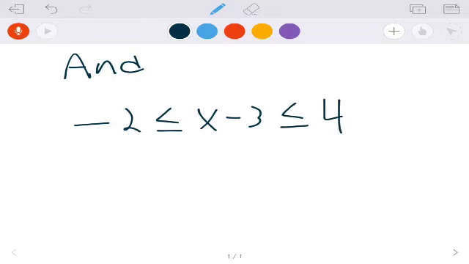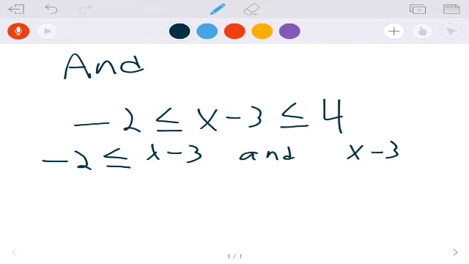So this is setting up multiple things that are true. It is saying both -2 is less than or equal to x minus 3 and x minus 3 is less than or equal to 4. So this is saying two different things that are true at the same time.